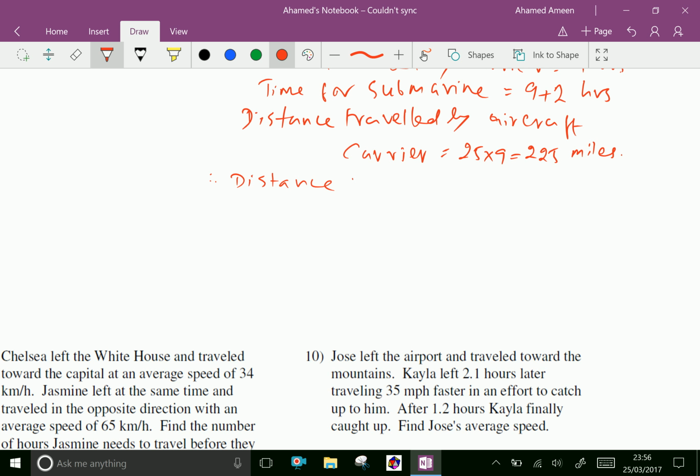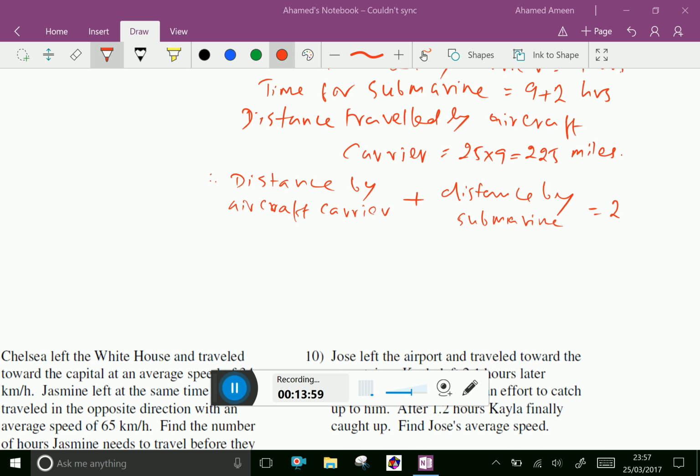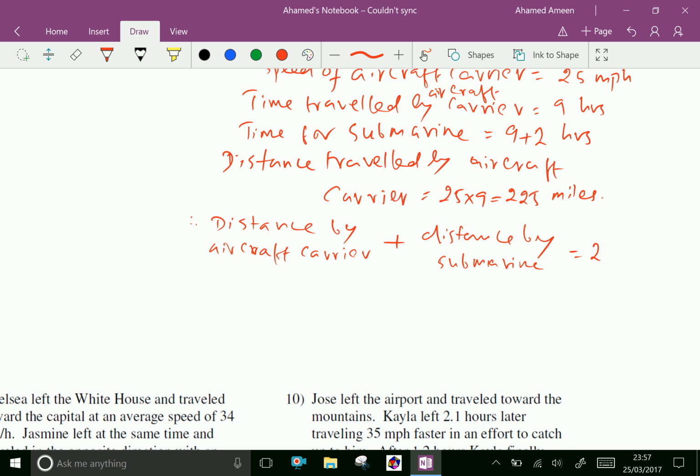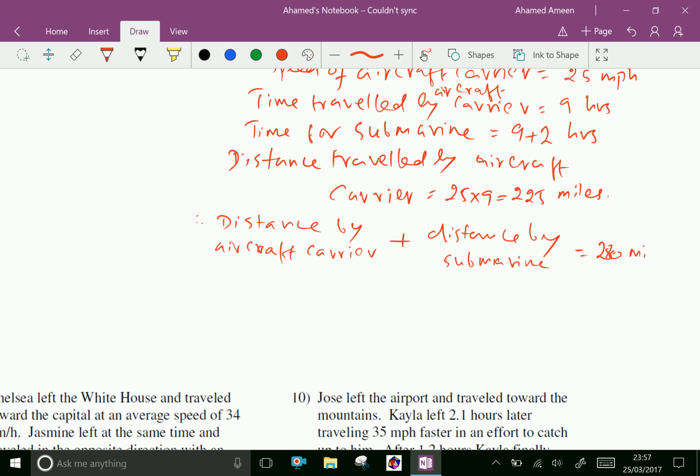Distance by aircraft carrier plus distance by submarine equal 280 miles, because both vessels travel in opposite directions, so total distance is the sum of their distances traveled.